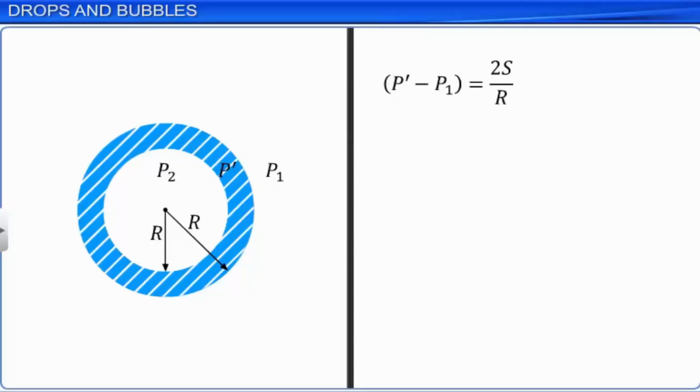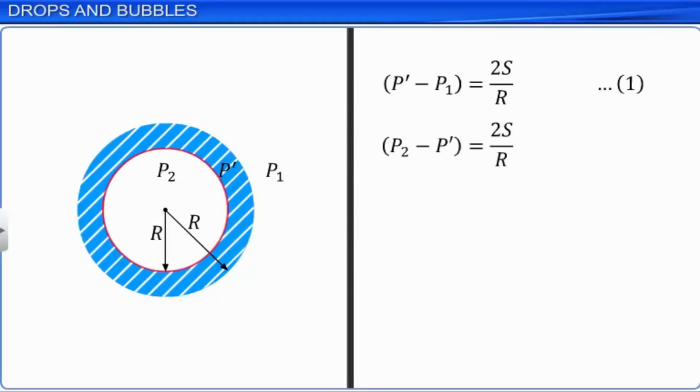Similarly, considering the inner surface of the bubble, the difference in the pressure between the concave and the convex portions is also equal to 2S by R. Let this be equation 2.